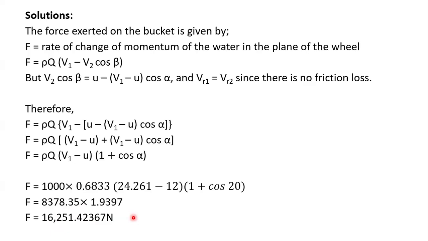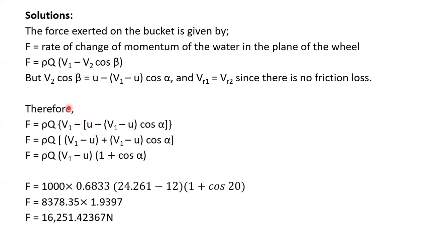Now let's go back to there. The force exerted on the bucket, we said it's supposed to be equal to the rate of change of momentum, where we said density, discharge, then V1 minus V2 cos beta. Do we have all these? Yes, but let's pick them one by one.